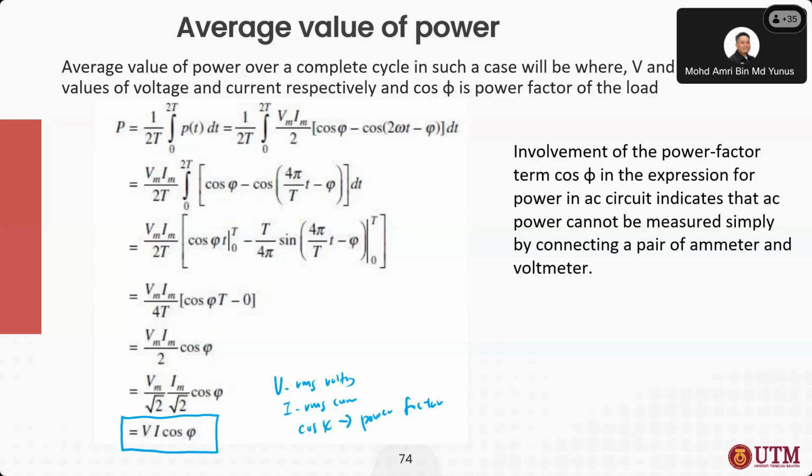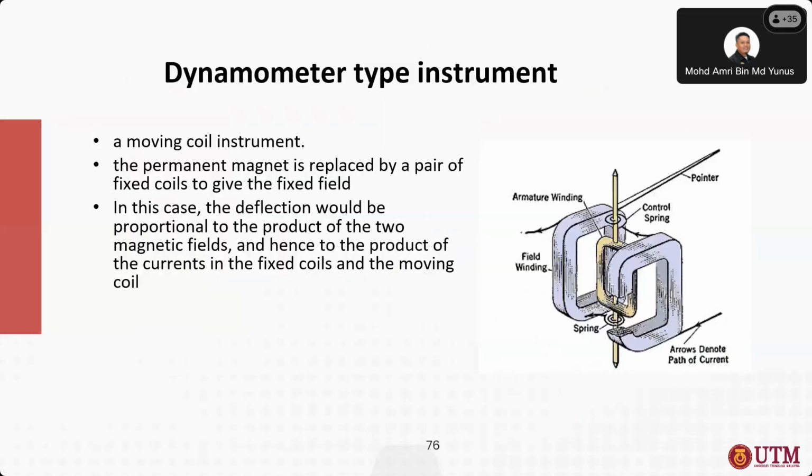Before we go to that example, the principle of the wattmeter, or the basic device that we have discussed before, is called the dynamometer.